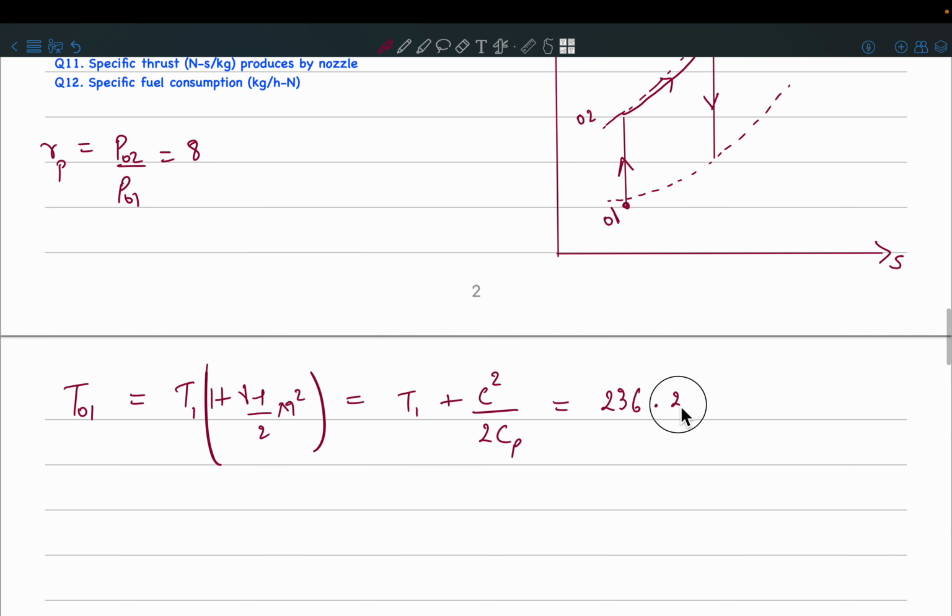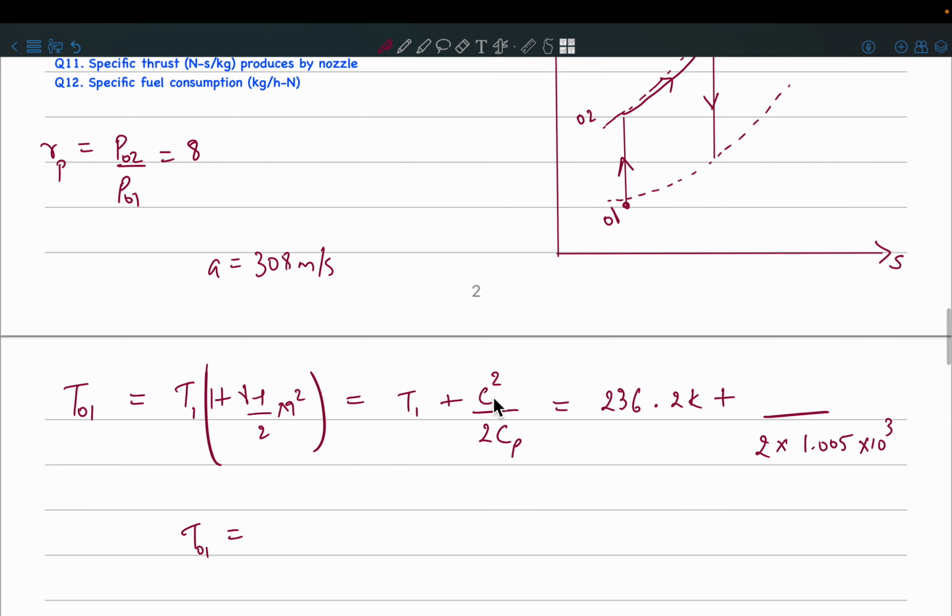So this is 236.2 Kelvin plus C square by 2 into Cp, which is 1.005 kilojoules, so you have to multiply by 10 to the power 3. Wait, I made a mistake here. A is given as 308 meter per second.